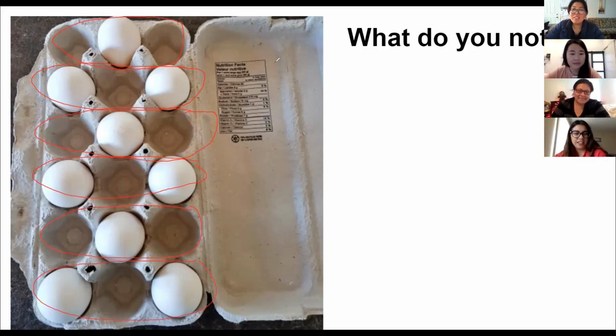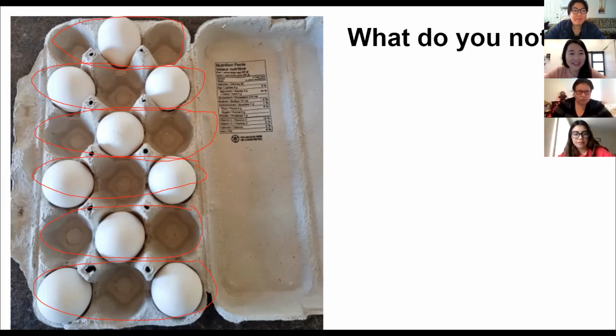And I'm just thinking to myself, how many eggs are in each row? So take a moment to think about how many eggs are in each row. And you can press that pause button if you need more time. Thumb on your chest if you figure out how many eggs are in each row. Miss Rosales, I notice you are ready to share.